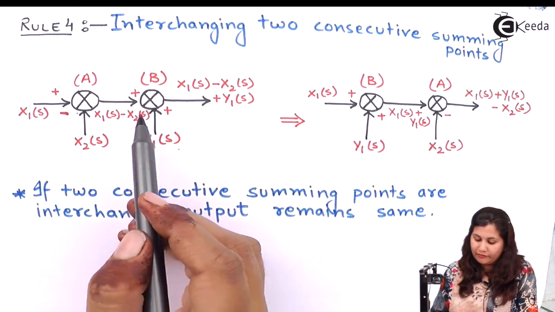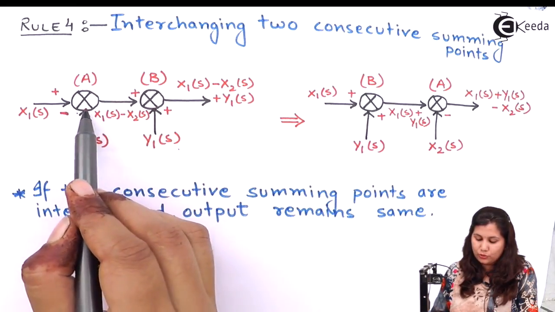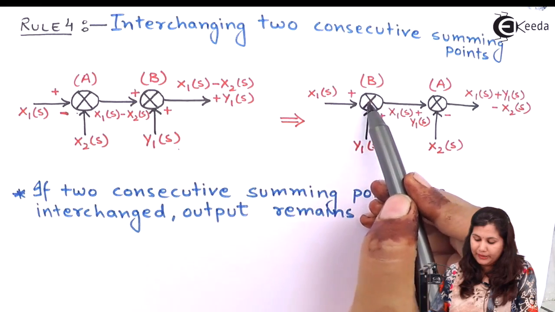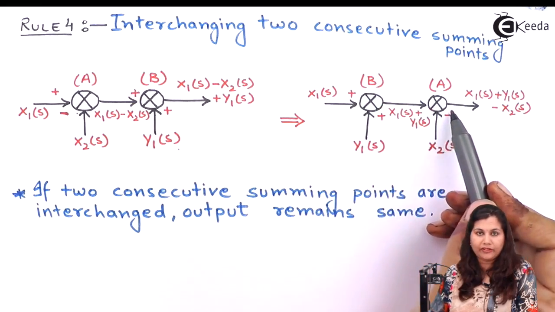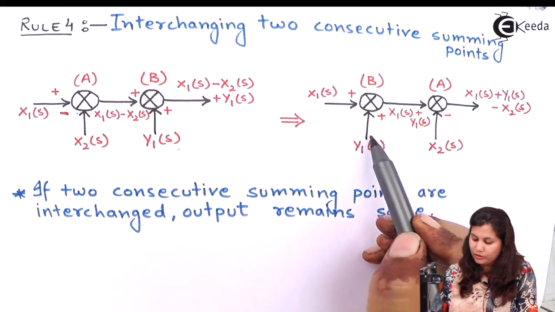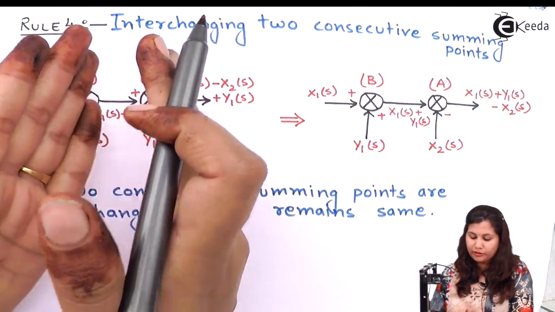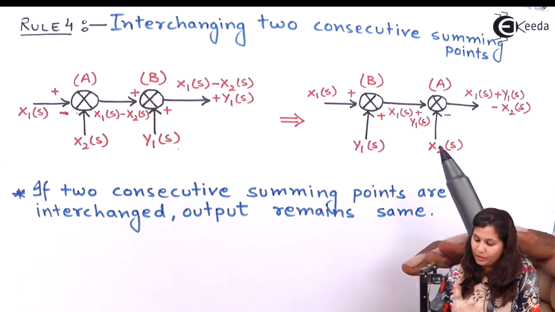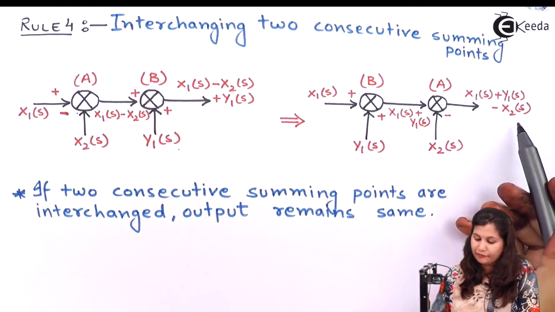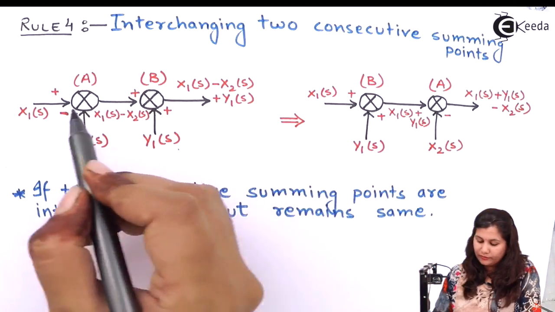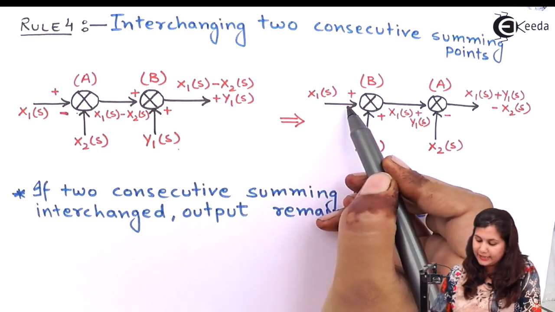Now if we interchange these two summing points, that is, here we have the B summing point and here we have the A summing point, and the inputs are also replaced, meaning you have to put this summing point in this position. So what will be the effect on the output? Let's see. Here also we have the input as X1(s).